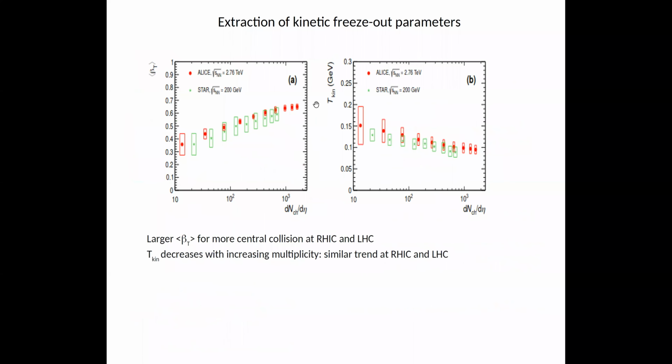So then we can just calculate the blast wave. We can also apply the blast wave model to the data at different centralities. These are the results for 2.76 TeV lead-lead collisions from the ALICE experiment and 200 GeV gold-gold collisions from the STAR experiment.